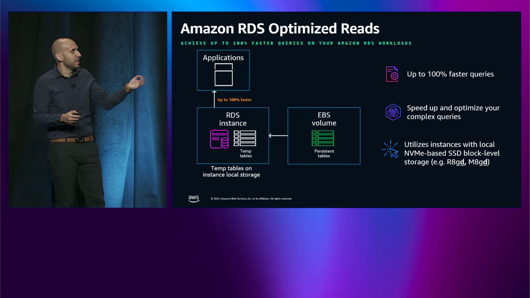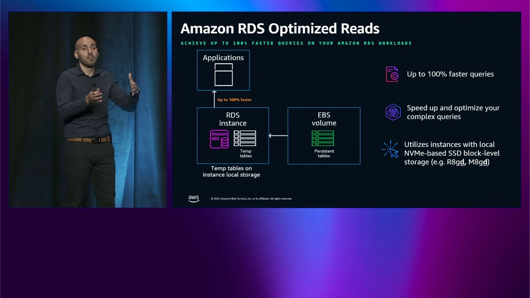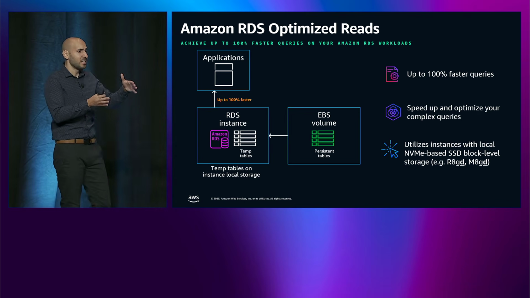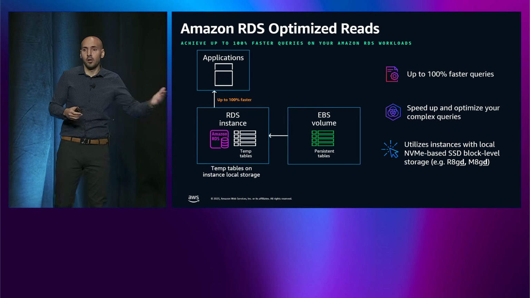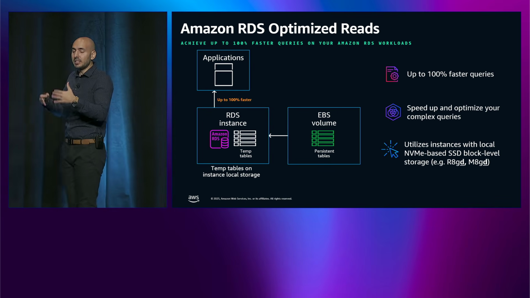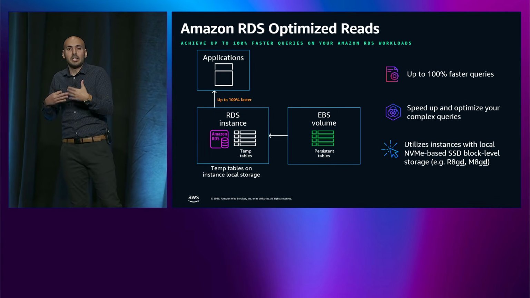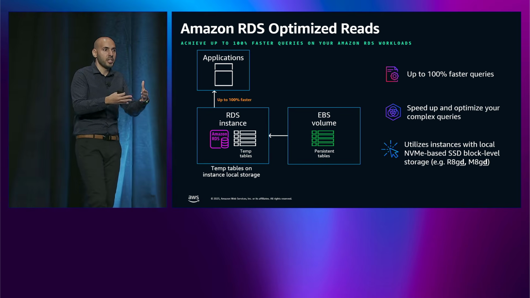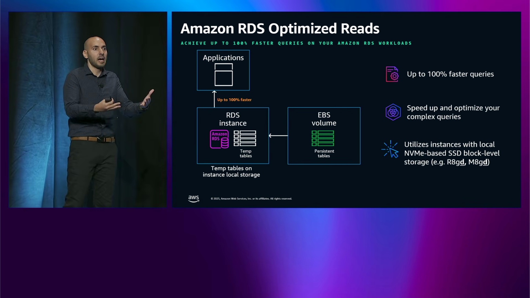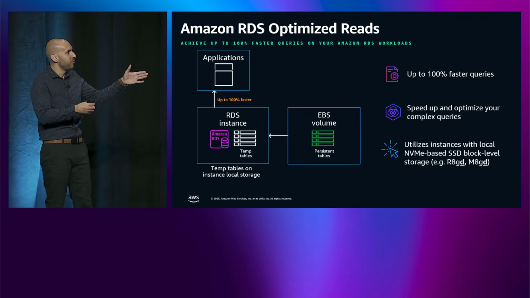By utilizing instance types that have local NVMe SSD, these are the instance types with D at the end. So for example, R8GD or M8GD. These instance types utilize the local NVMe SSD. So now, instead of writing the temp objects to the EBS, which adds additional I/O latency, we use the local NVMe SSD.